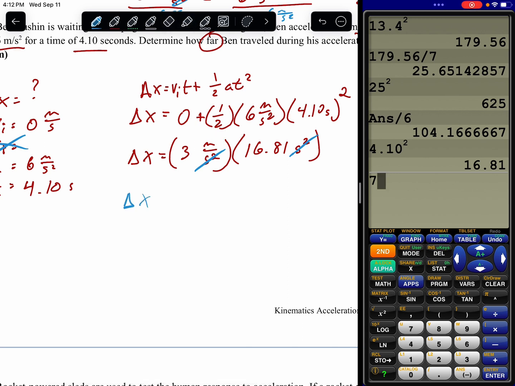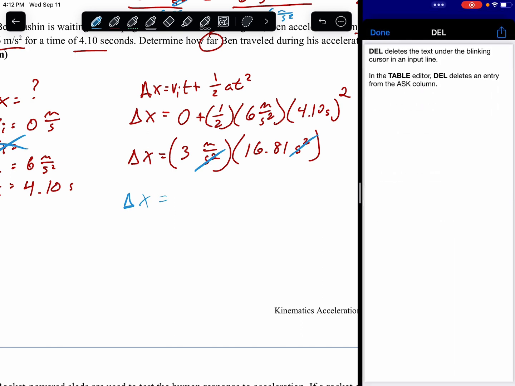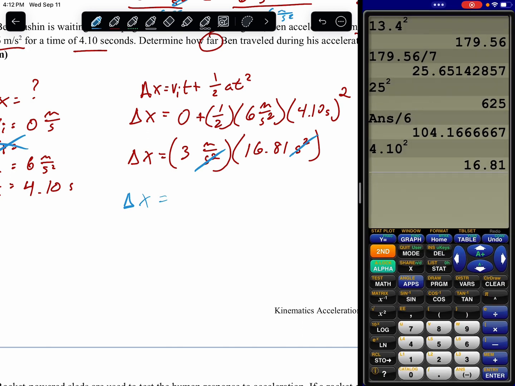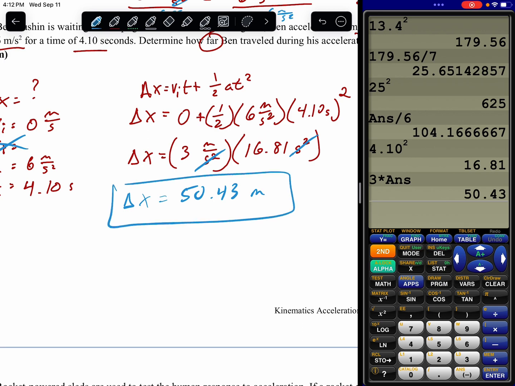So let's go ahead and rewrite this as delta x is equal to 3 times, sorry, I'm not used to using the calculator on the iPad. 3 times our previous answer of 16.81, and we get 50.43. And we're left with just meters, and so that is going to be our answer.